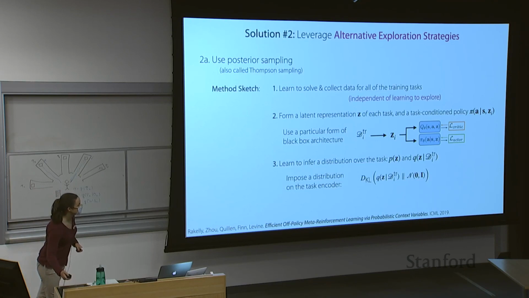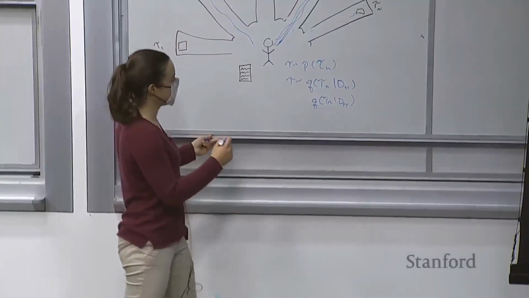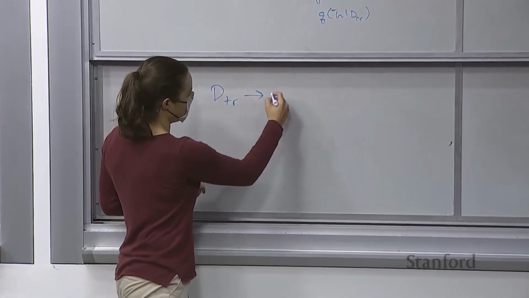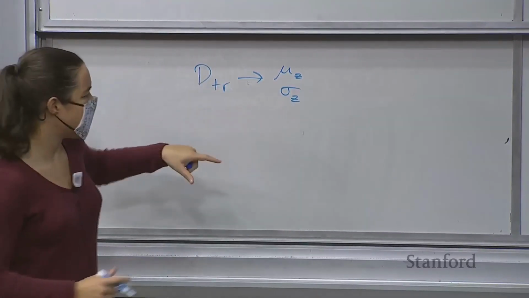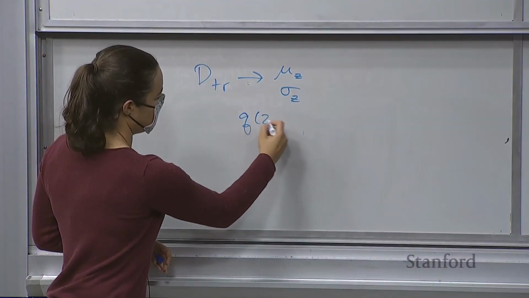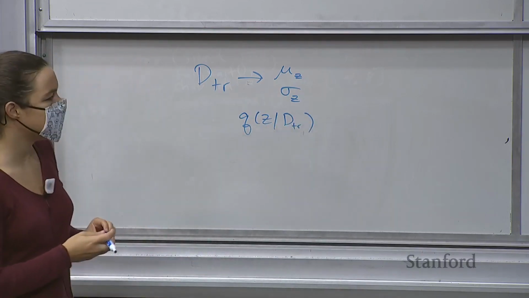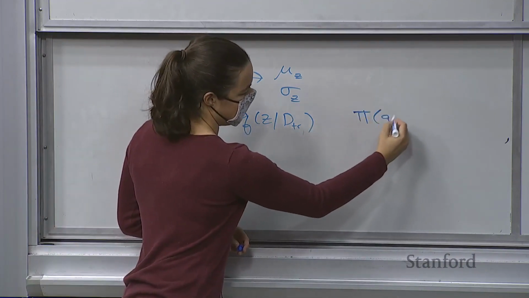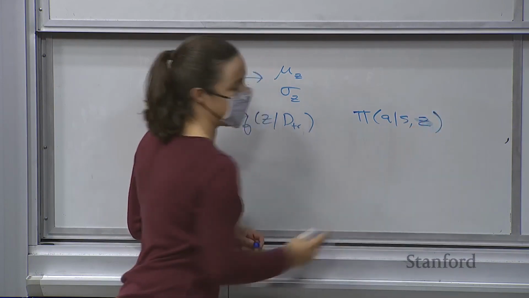And then the complete objective of what you're going to be doing here is you'll have one model that takes as input dtrain and outputs a mean and a variance over your task variable. So this will be Q of Z given dtrain. And you'll also have another model that takes as input a particular sample Z and gives you a policy for that particular task.